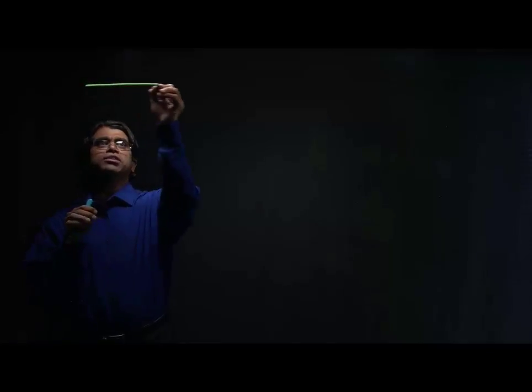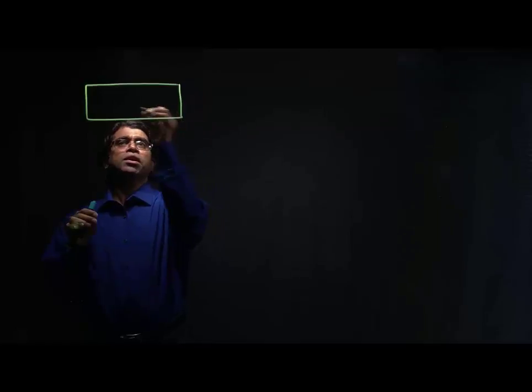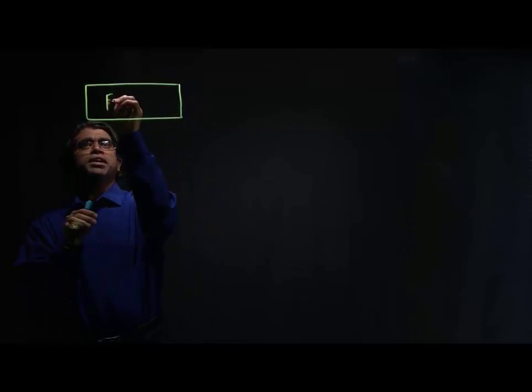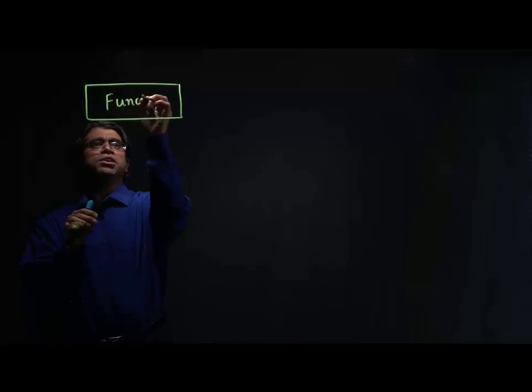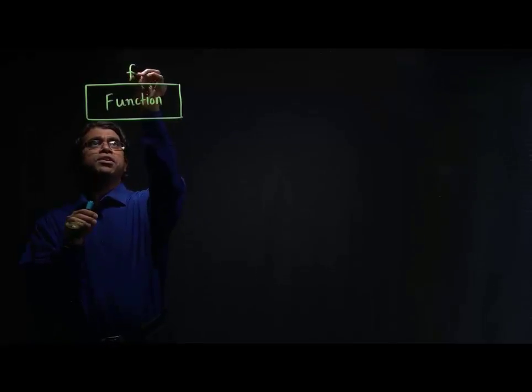In this video, we are going to talk about composite function. So let's begin. In order to talk about the composite function, I'm going to consider my function. This is my operator, and this operator is for function f.